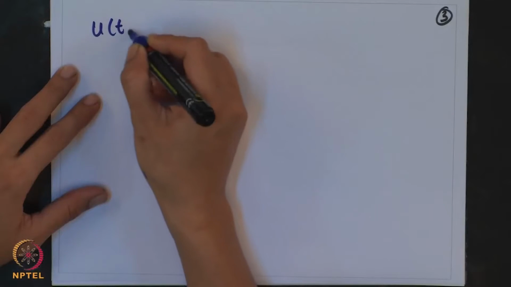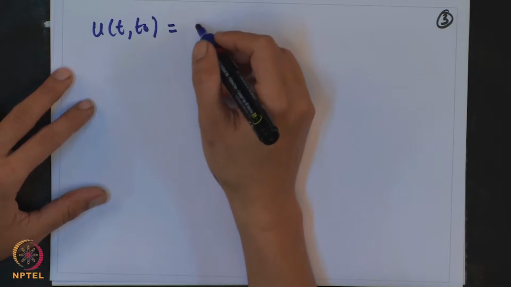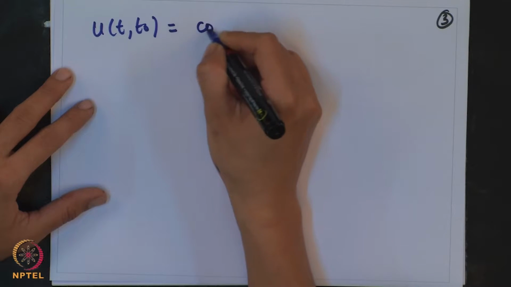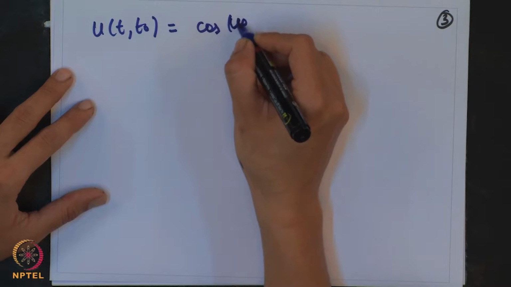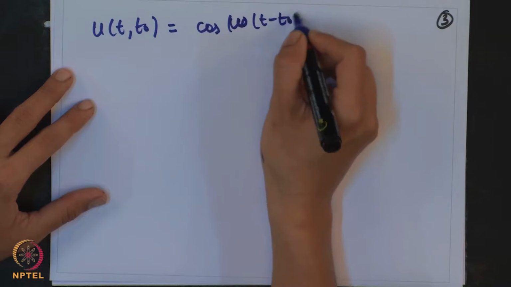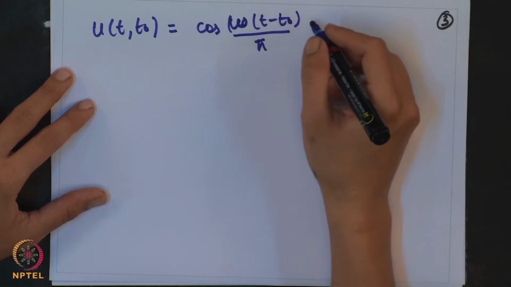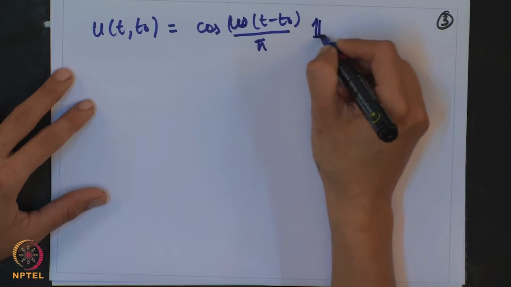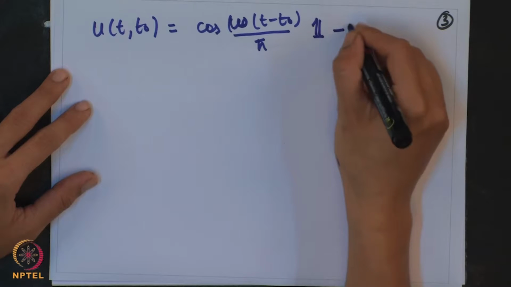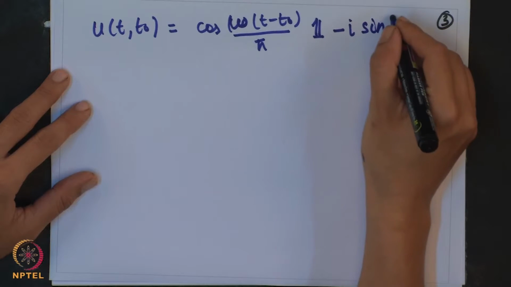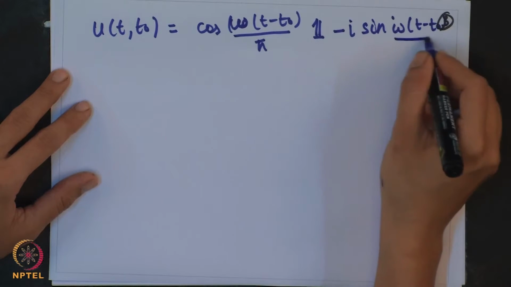Then what we do next is, U of t naught we can rewrite as cos omega (t minus t naught) upon h cross times the identity operator, minus i sin omega (t minus t naught) upon h cross.